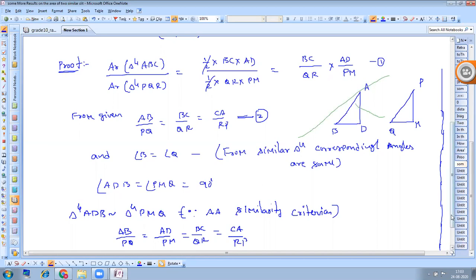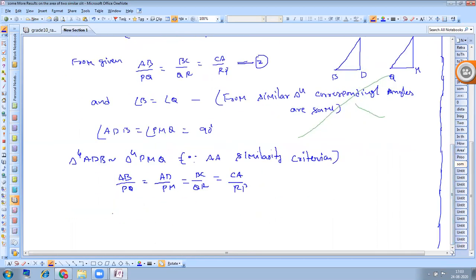Now come back to the ratios of the areas. Area of triangle ABC divided by area of triangle PQR will be equal to BC by QR into AD by PM. See, the ratios BC by QR and AD by PM are the same.